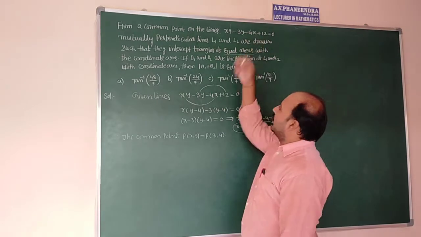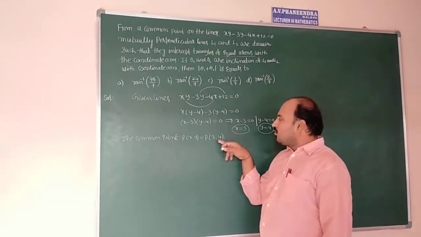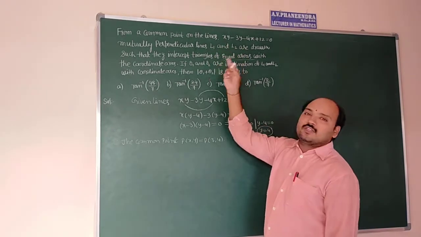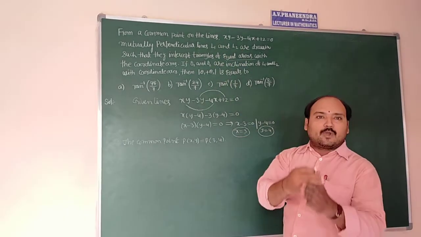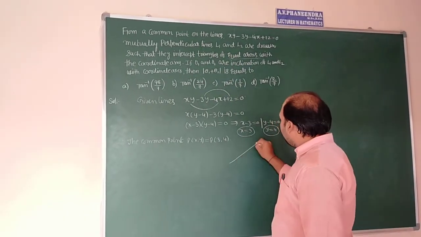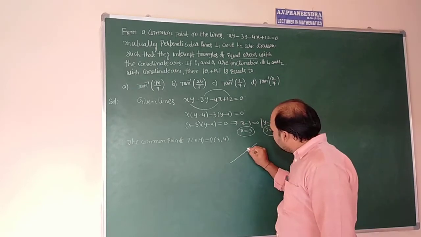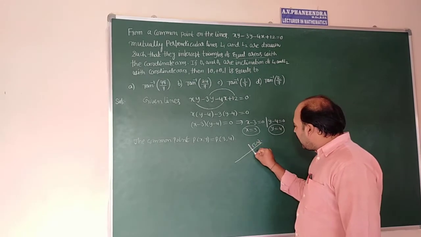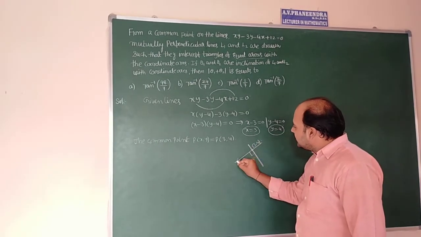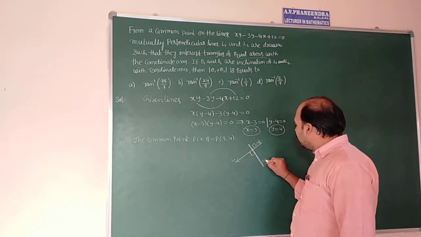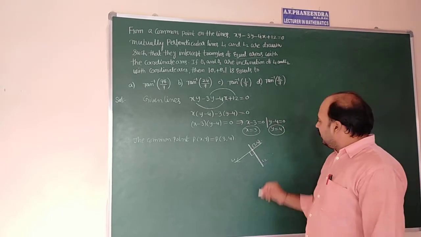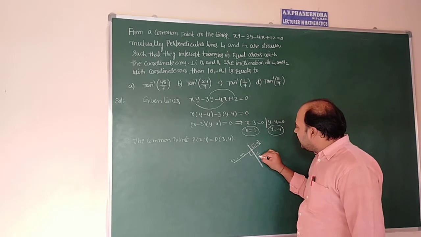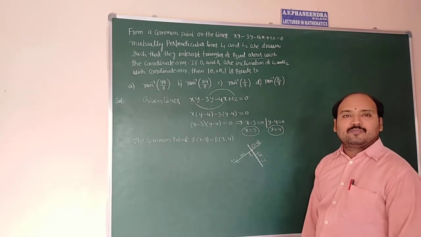After getting the common point, two lines are drawn from this, perpendicular to each other. L1 and L2 both are perpendicular. Suppose one line is here, passing through 3 comma 4. Another line is perpendicular to this one. This is L1, suppose, and this is L2. This line's slope is m. Obviously the other one has slope minus 1 by m.